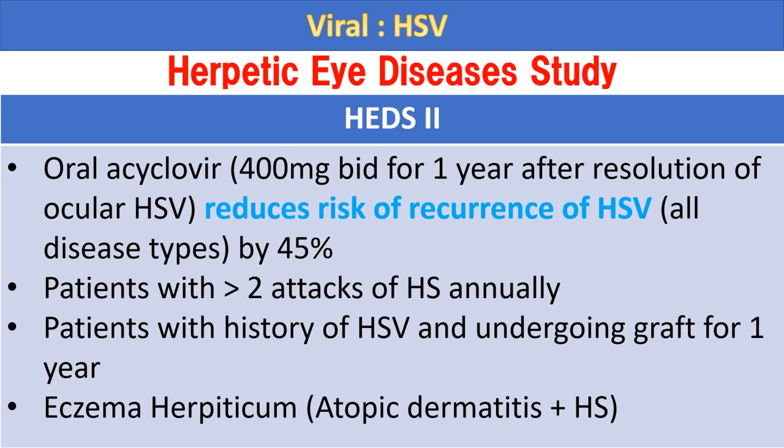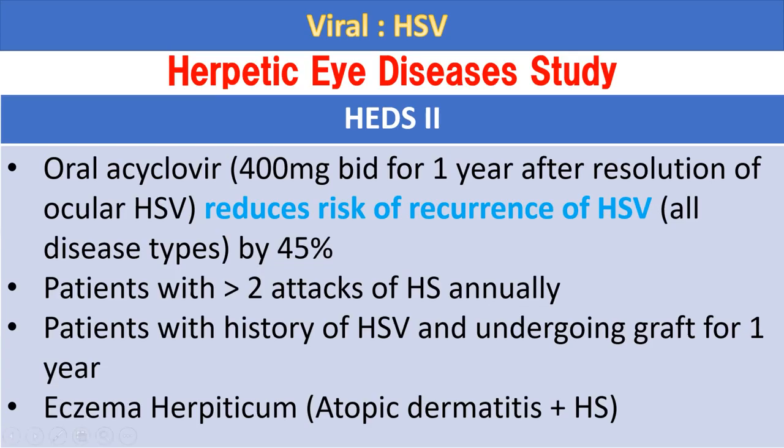This study concluded that oral acyclovir 400 milligram two times per day, the prophylactic dose, for 1 year after resolution of ocular herpes simplex virus reduced the risk of recurrence of herpes simplex virus by around 45 or 50% in 3 kinds of patients.